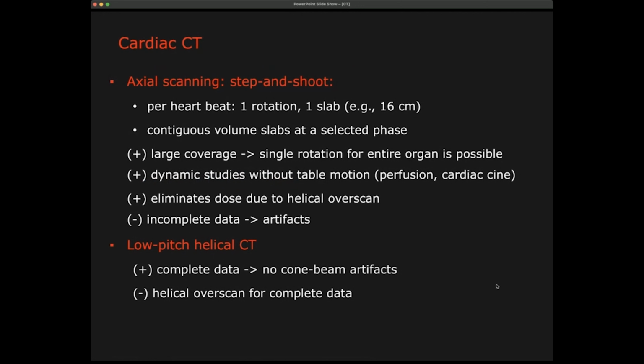Now, maybe also a bit of a peculiarity: say that we want to use a CT scanner to look at the heart. The thing is that the heart is moving, of course. The heart is beating while we do scanning.